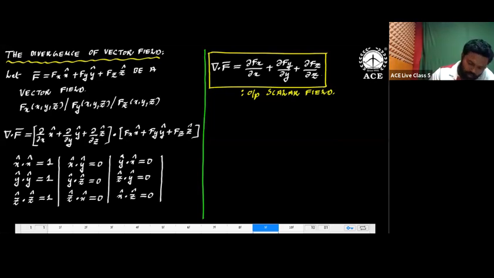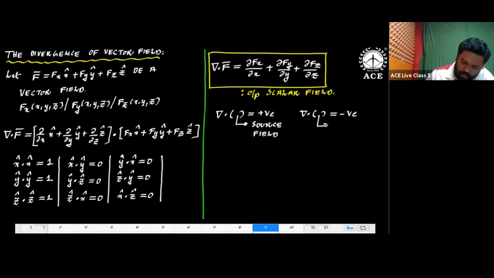Anyhow, now there is a terminology which you need to remember here. If the divergence of any vector is positive, then it is called source field. If the divergence of any vector is negative, then it is called sink field.